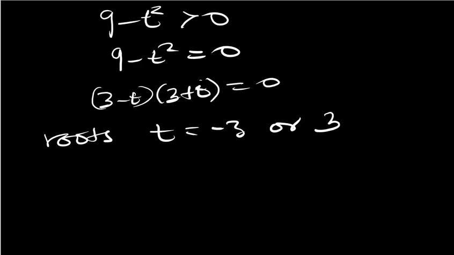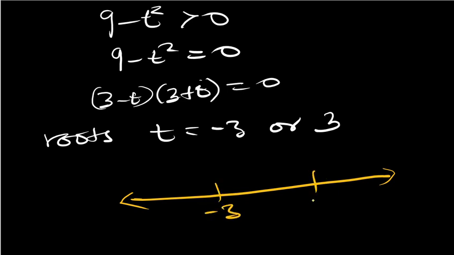And this is best achieved by first drawing your number line and putting your roots on the number line. There are 2 roots, so negative 3 and 3. Once we put the roots on the number line, it will be divided into 3 portions. We'll call them region A, region B, and region C.